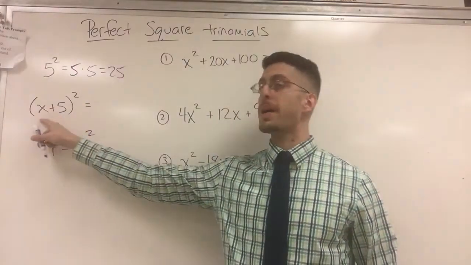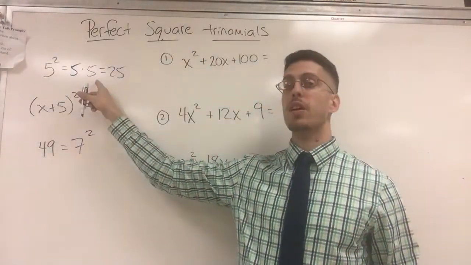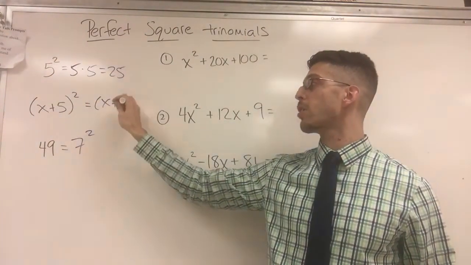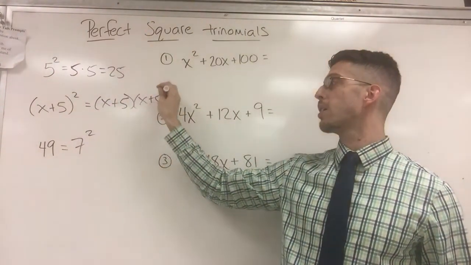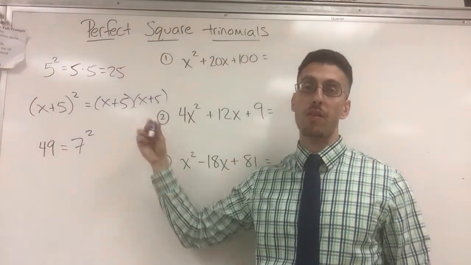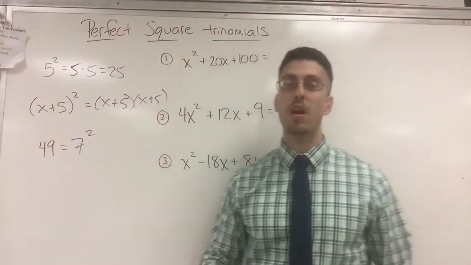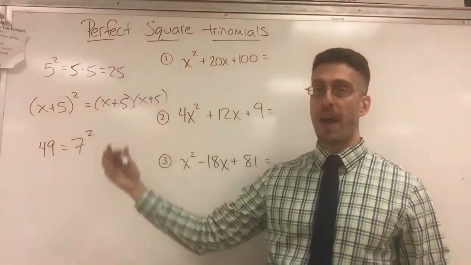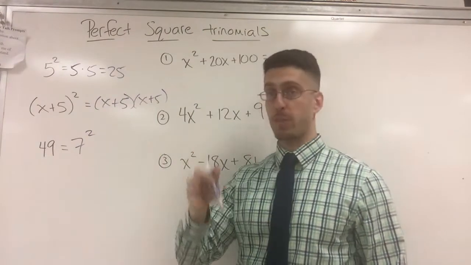So now, if you see a base squared, what did I just say? It means write the base, x plus 5, twice. And when you see this, you use your skills of FOIL to get an expanded expression.